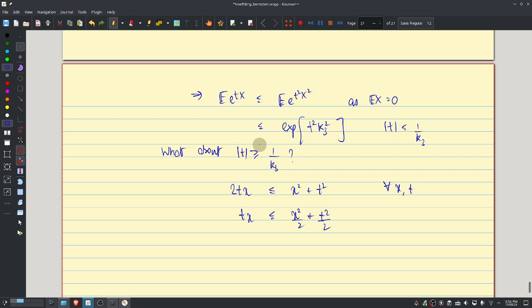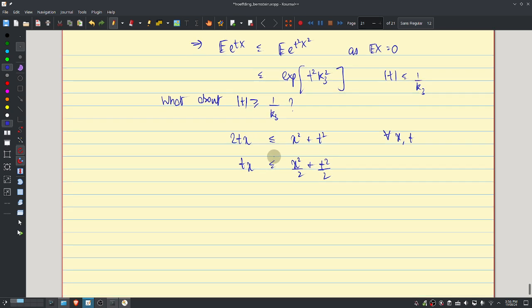We'll also assume that mod t is greater than or equal to 1 over k3. We'll see why. So expected value of e to the power tx is therefore less than or equal to expected value of e to the power x square by 2 plus t square by 2, which is less than or equal to expected value of e to the x square by 2 times e to the power t square by 2.